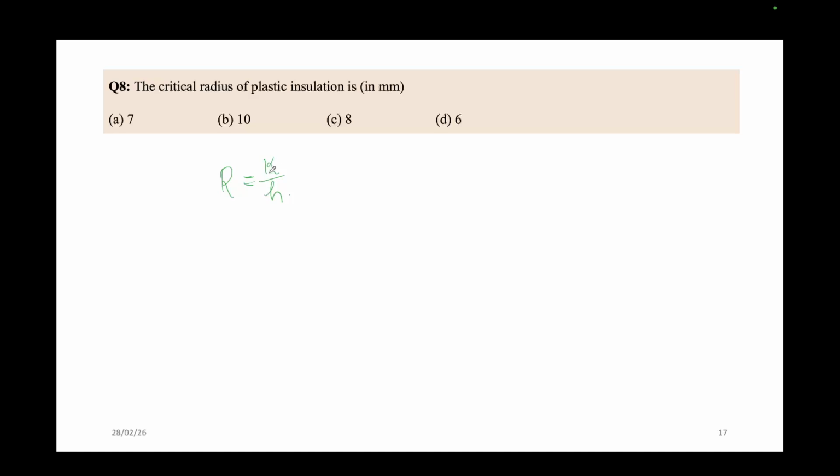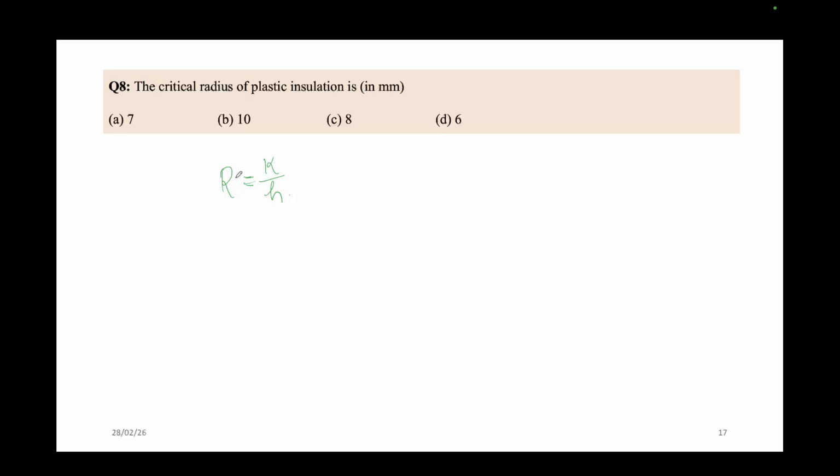Basically, it indicates how much conductive heat transfer and how much convective heat transfer is taking place, and what is the radius required for this. So this is the minimum critical radius, and that radius must be there to avoid further heat losses.